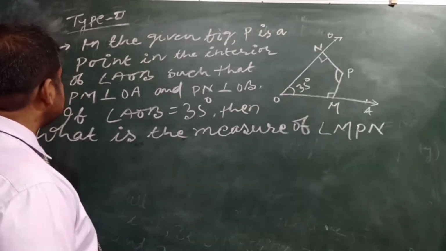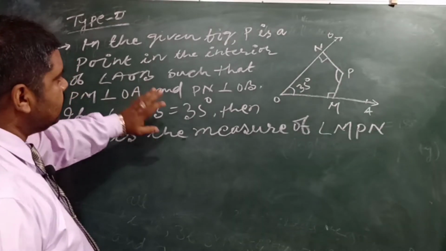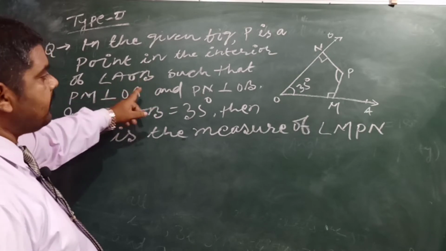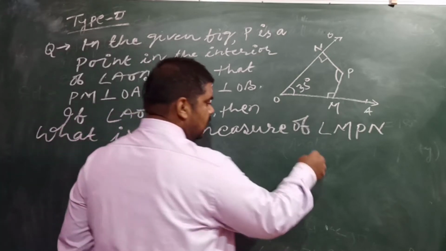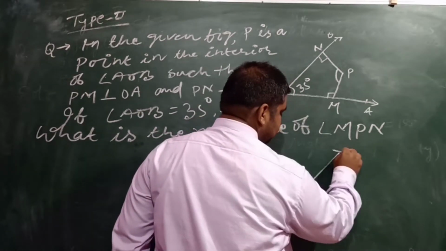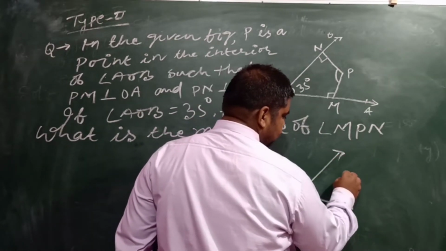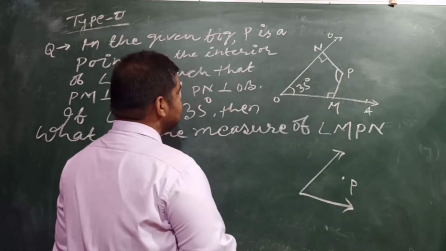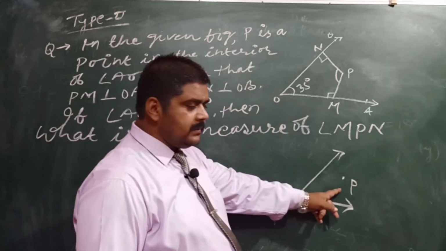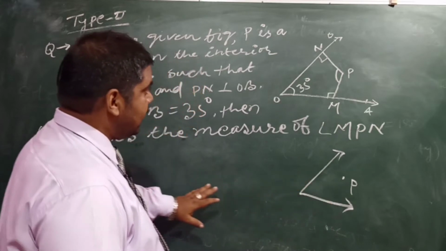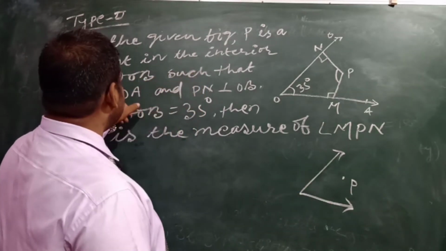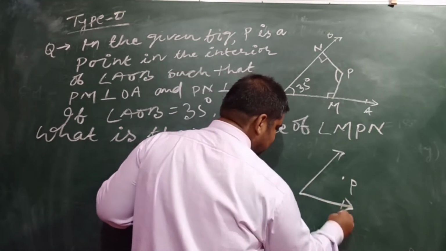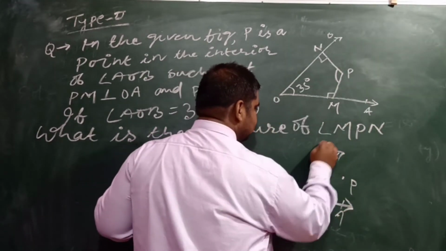My dear student, in the given question, P is a point in the interior of angle AOB. If any point is in the interior of the given angle, then it is known as the interior of this angle. You can see this is A, O and B here.